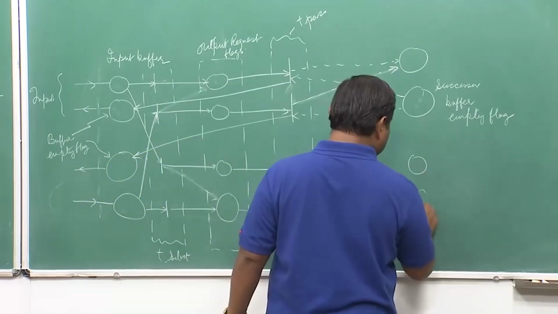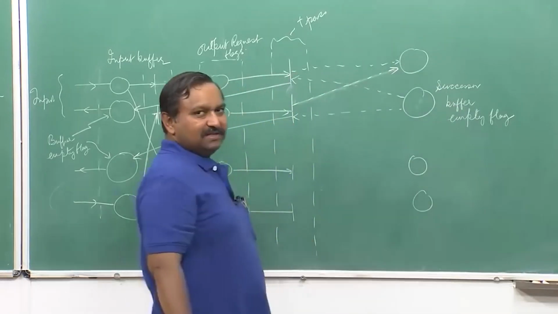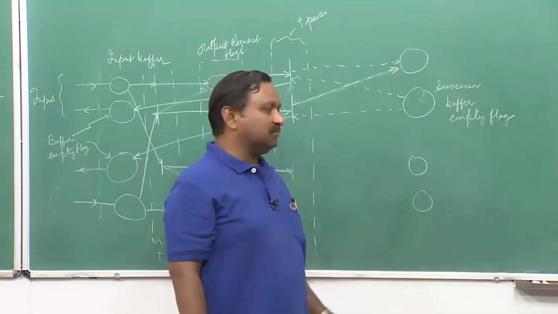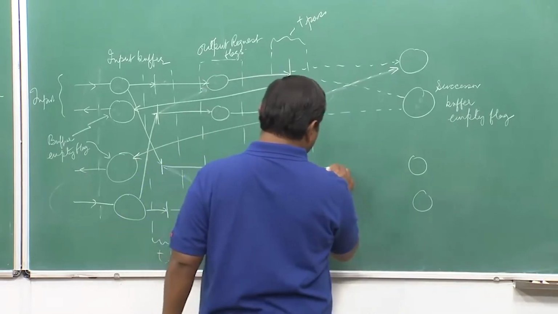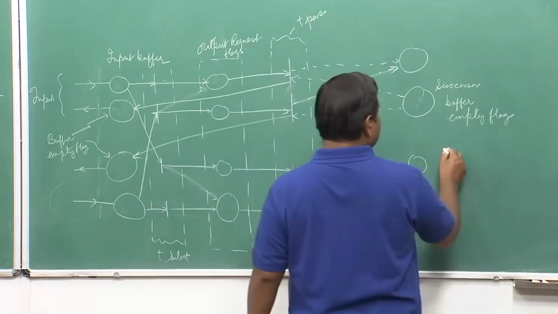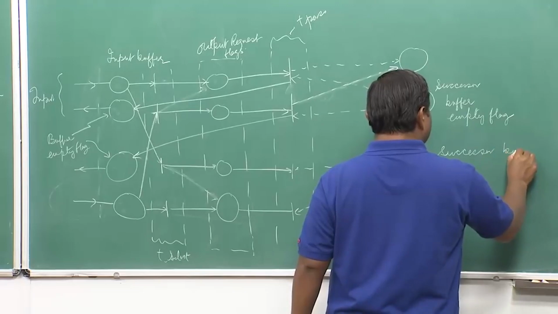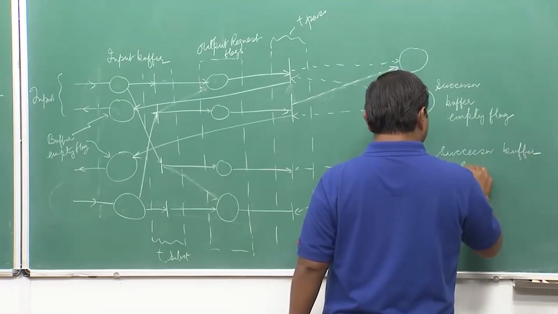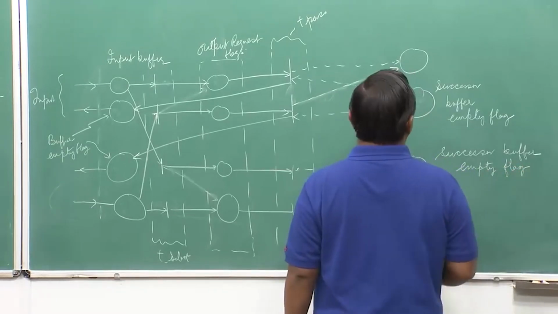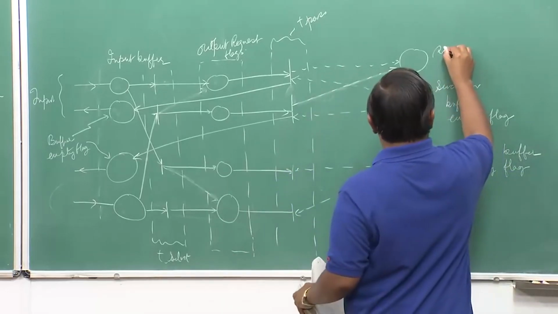And I will again have, whichever is this can be for a different switch, this can be for a different switch, remember. All four may not belong to the same switch. Okay, so this goes in this fashion. This is also successor buffer empty flag, and this is successor input buffer.